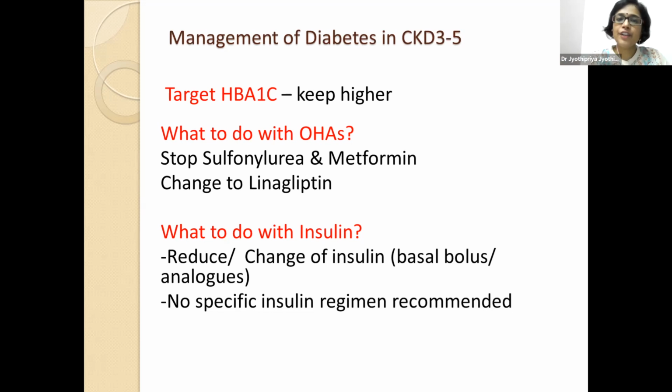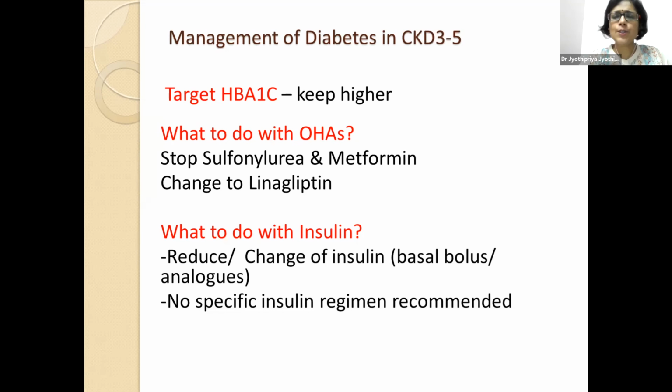And regarding sulfonylurea, we have to stop it. Metformin, as the guidelines say, less than 30 ml, we have to stop, and change to linagliptin. Of the gliptins, linagliptin is relatively safe and we don't need any dose modification, whereas other gliptins need dose modification in renal failure.